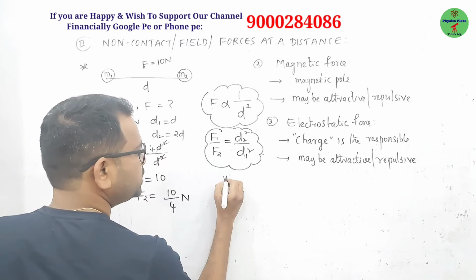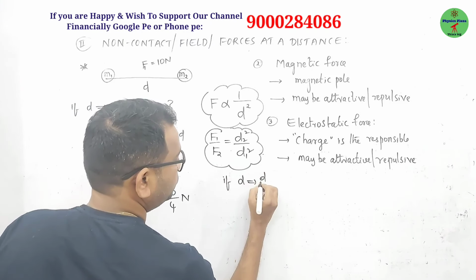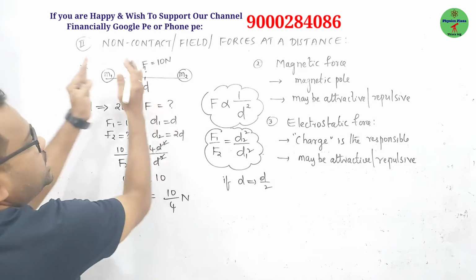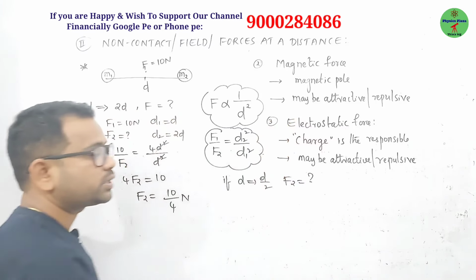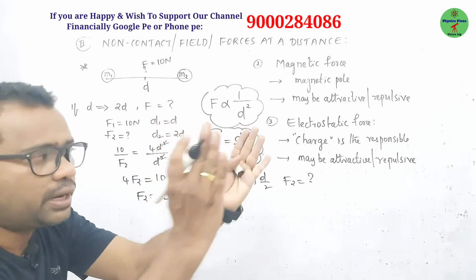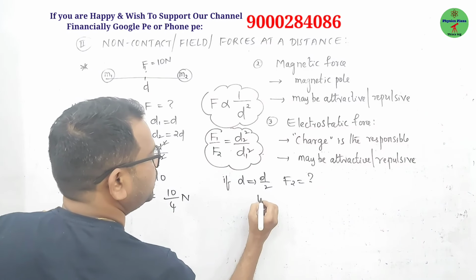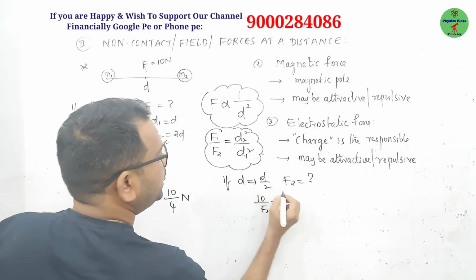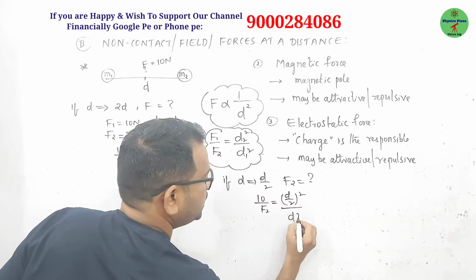And in the same situation, if the distance is halved, what will be the new force acting on it? Everything is the same, now we are making the distance a half. You can use the same formula. 10 by F2 is equal to D2 square, which means D by 2 whole square by D square.